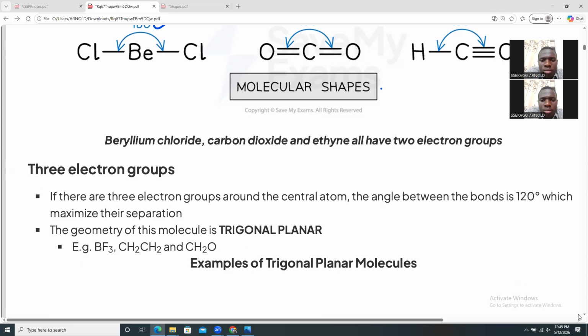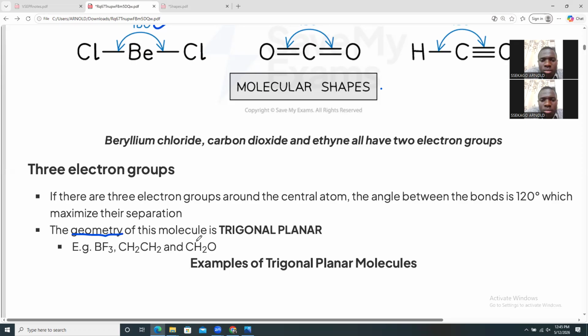Then for 3 electronic groups, colleagues, don't forget what an electronic group is. If you are watching this for the first time, in the previous video I have defined what an electronic group is. Now, if you are having 3 electronic groups surrounding an atom, the geometry and shape, those things are different.